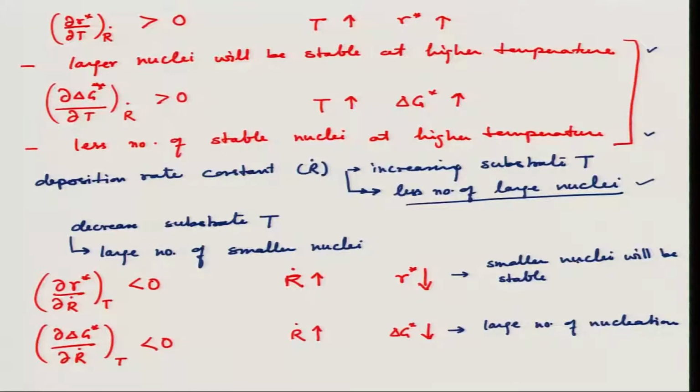So, if we combine these two factors, part 1 and part 2, we can have different forms of morphology. Now, we will discuss two extreme cases. Case 1: I keep my temperature low and deposition rate high.